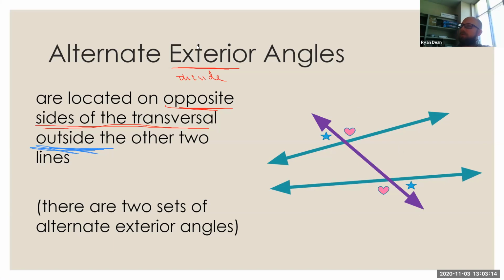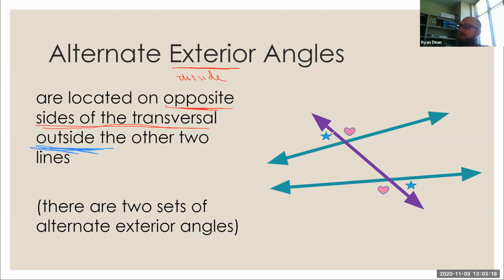So here are the two examples. I've got blue star. This blue star is on the top of this transversal up here. And that's what we need. It needs to be on top of the sandwich.